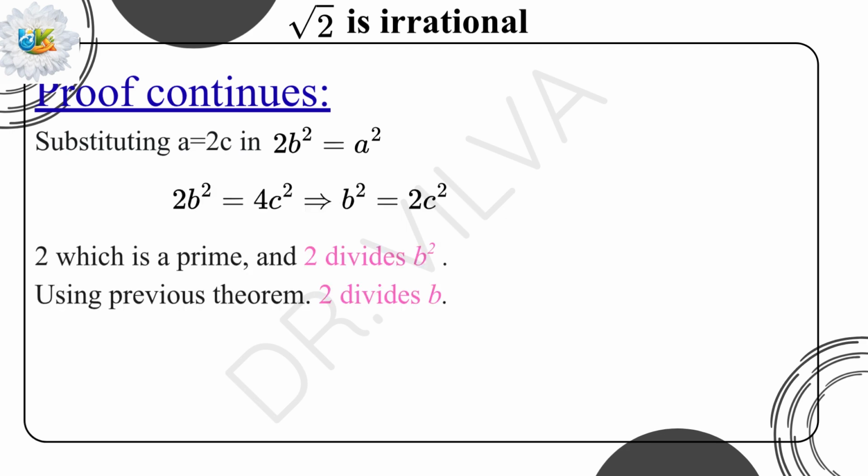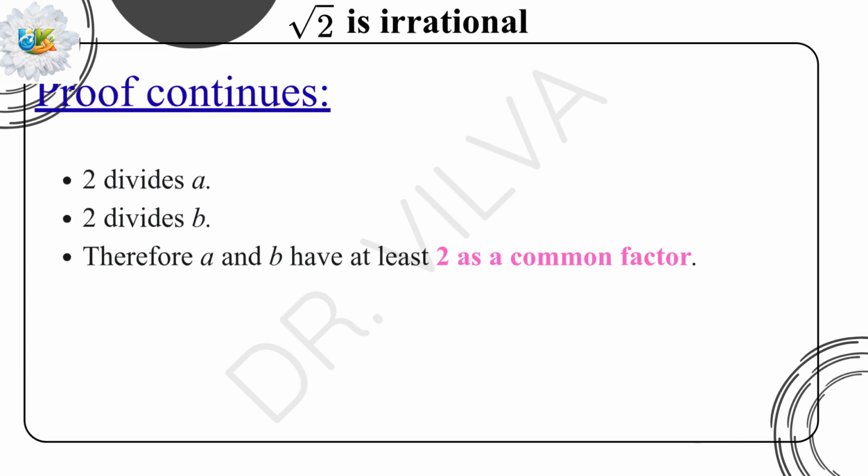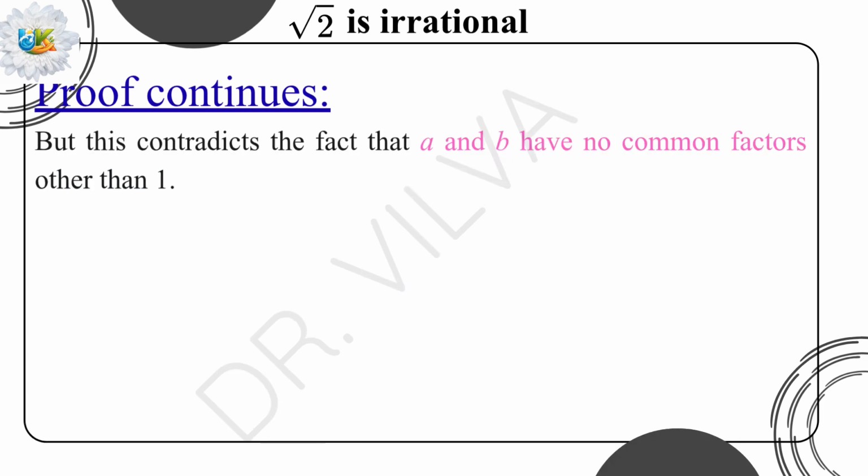Just like before, this shows that b square is even, which means 2 must also divide b. Here is the problem. We just showed that 2 divides a and now 2 divides b. This means a and b have a common factor 2.